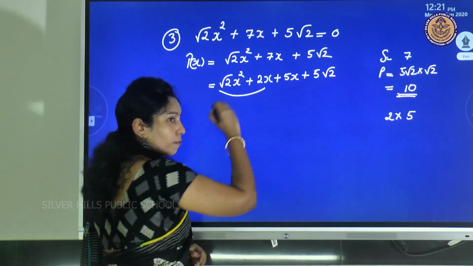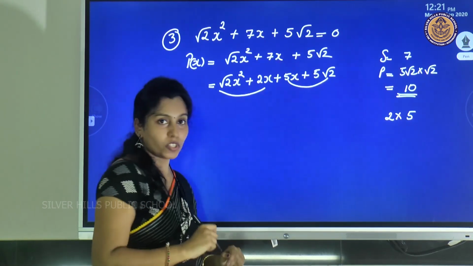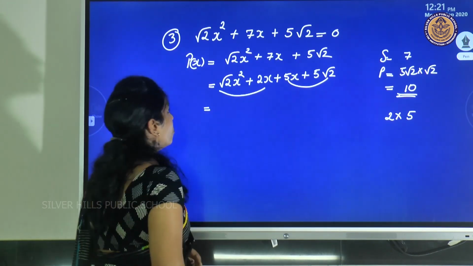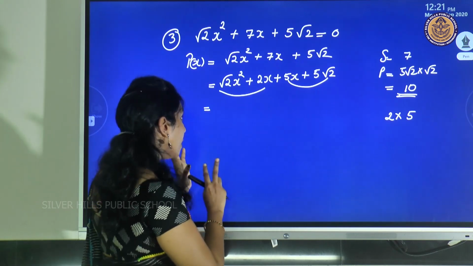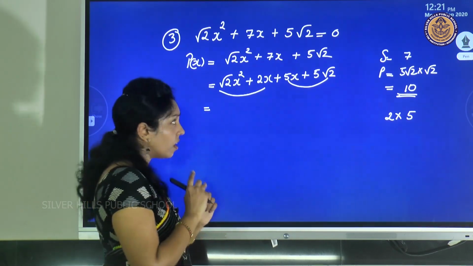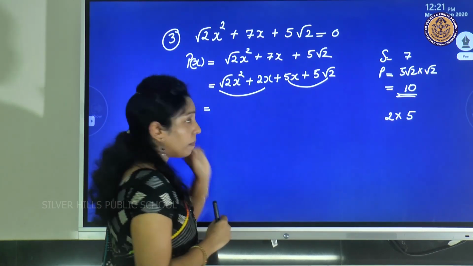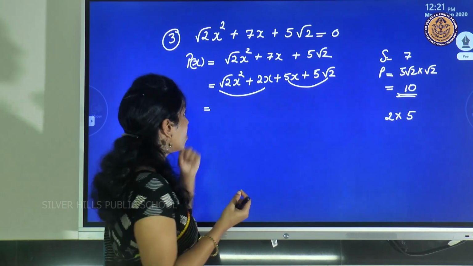Now combine the first two terms, take the common things outside. Combine the next two terms, take the common things outside. Now this is equal to, what is common in those two terms? So when we look, x is common, fine. Is there anything else common here? 2 can be written as root 2 into root 2, because root 2 into root 2 is 2.